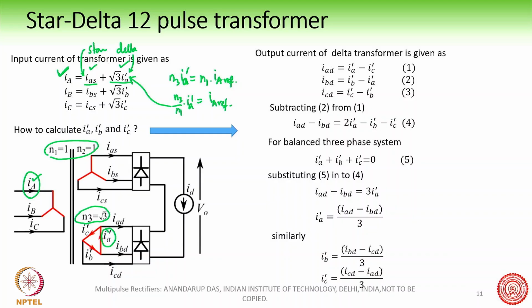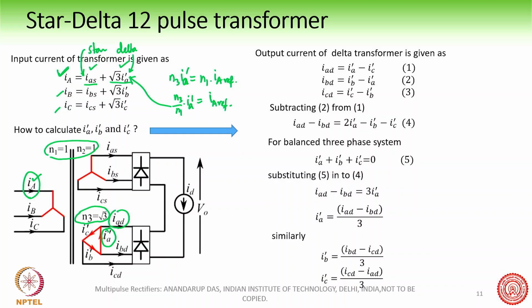Similarly, from symmetry we can also say IB and IC are exactly similar to it, right? Now let us see what this IAD current is. Okay, let us find out this current.